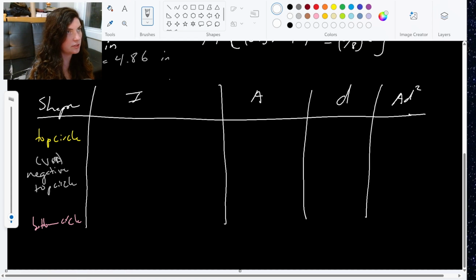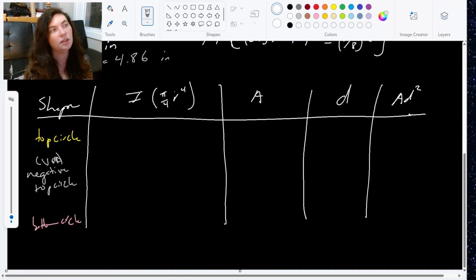So for circles, our moment of inertia, if we look it up in our charts, in our tables, or if we remember from our torsion section, for a circle, it's pi over 4 r to the 4th. That's all it is, right? For this basic moment of inertia. So for our top circle, it's pi over 4.